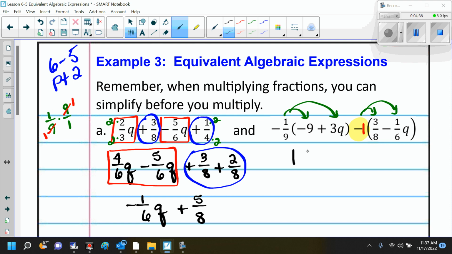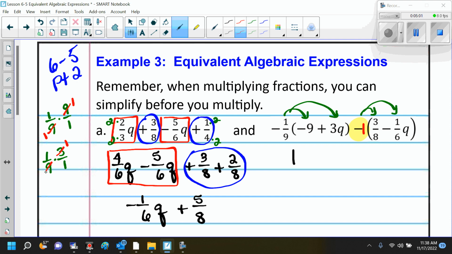Okay? Now, we have a 1/9 times 3. So I'm going to write down the scratch paperwork. So we've got 1/9 times 3. And I'm going to put that over 1, 3 over 1. Does everybody see I can simplify before I multiply on my scratch paper? So 3 divided by 3 is 1.